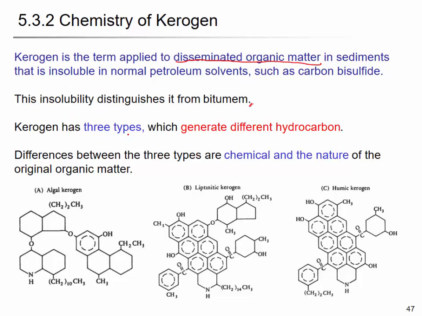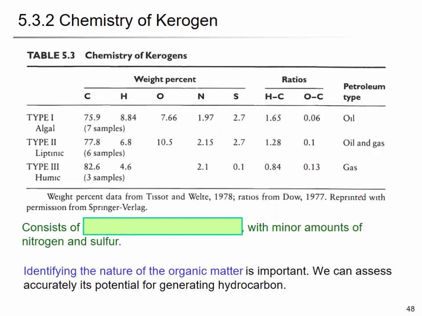So kerogen has three types, generally producing different hydrocarbons. The three types are algal kerogen, liptinitic, and humic kerogen. Type 1, type 2, type 3, so algal, liptinitic, and humic, have different compositions and consist of carbon, hydrogen, and oxygen, with minor amounts of nitrogen and sulfur.